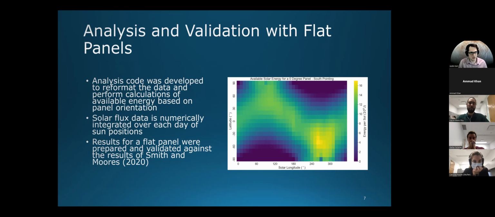The results were validated by calculating flat panel orientations and validating them against the Smith and Morris paper from 2020. And here you can see the final outputs for the energy available per sol for a solar panel that is horizontal on the ground.